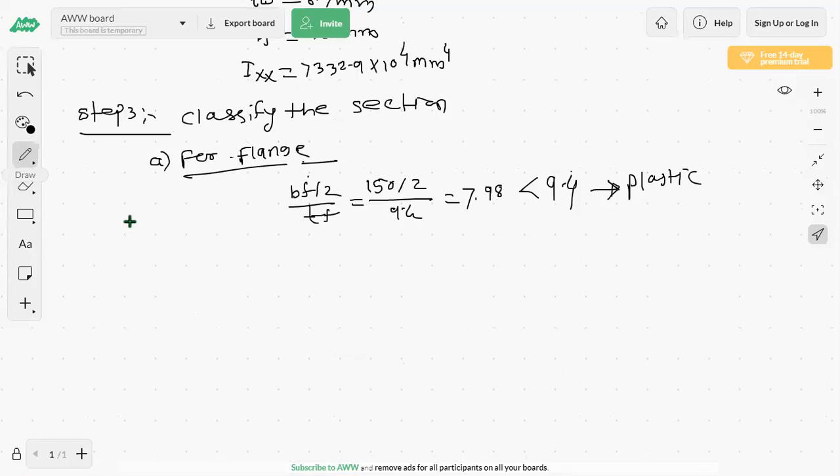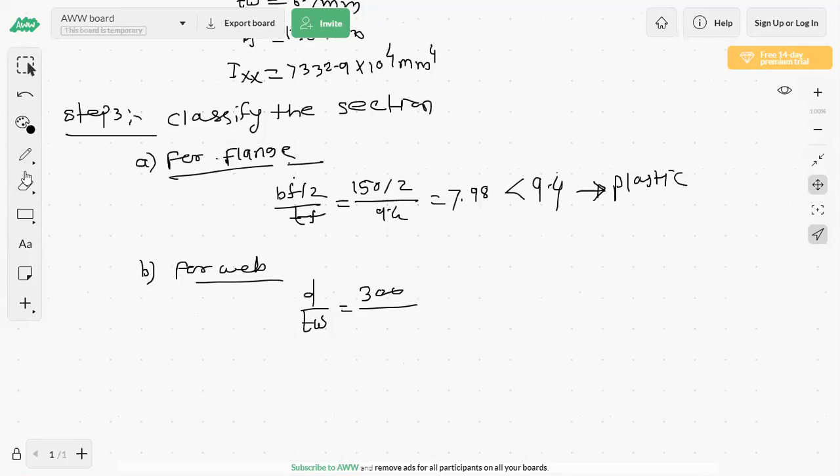Now for web we have to classify. So D divided by TW. D is 300 divided by TW. TW is 6.7.